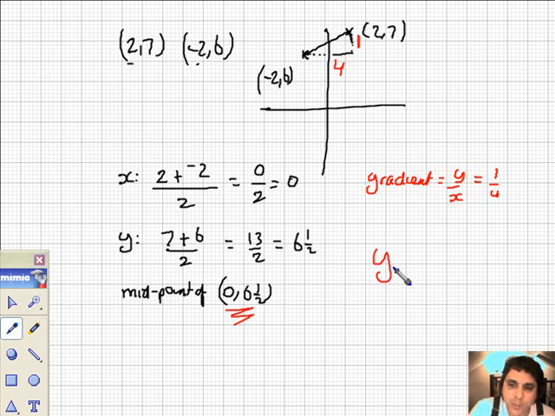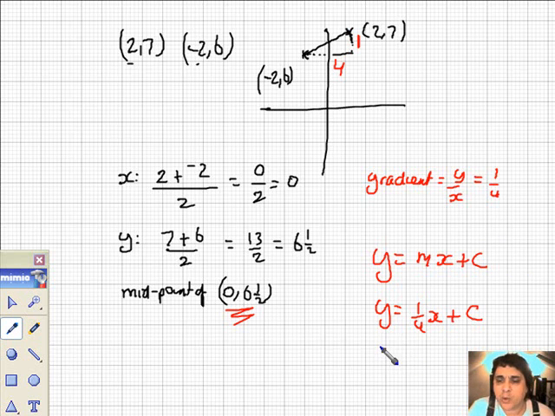Now look, we know y equals mx plus c. Alright? We know that's true. So I know the gradient is a quarter, so y equals a quarter of an x plus c. Now, if I know a coordinate sits on that line, I can take its x value and its y value and substitute it into this partially finished equation and work out the intercept c. Now I want to work with 2 and 7 because they're both positive numbers. So here I go.